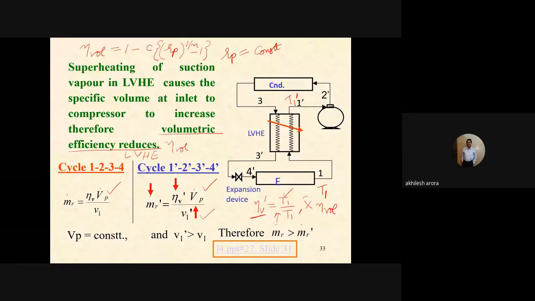So the denominator has gone up, whereas the volumetric efficiency in the numerator has gone down. So the net effect of these two factors is to reduce the value of the mass flow rate. So it's clear that the mass flow rate, when we have incorporated a liquid vapor heat exchanger, will reduce.